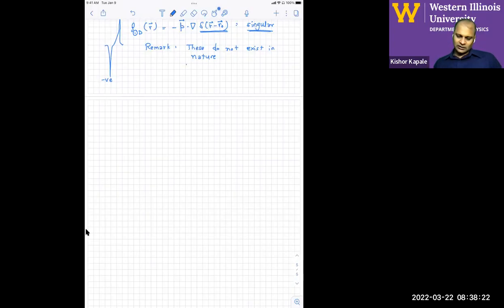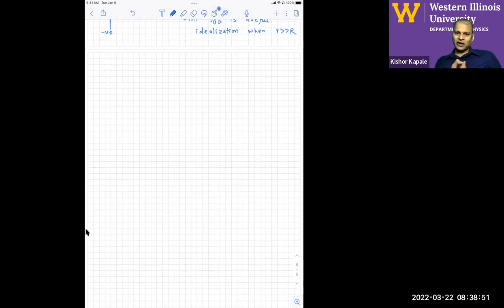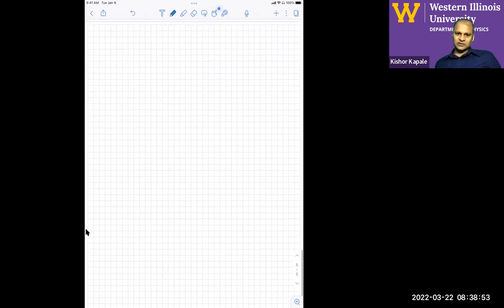But still, the point dipole is a useful idealization when we are far away from the charge distribution. When you're really far away, then the distance between those two charges does not matter, right?